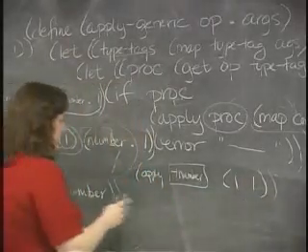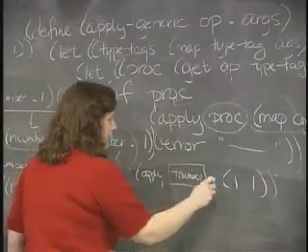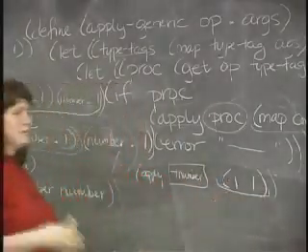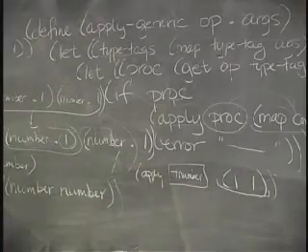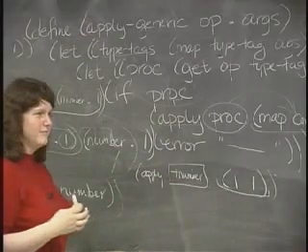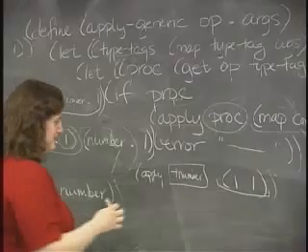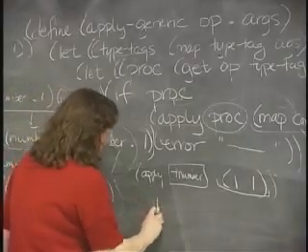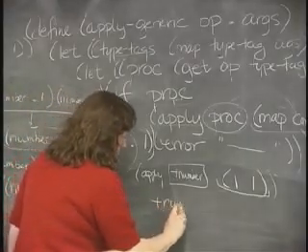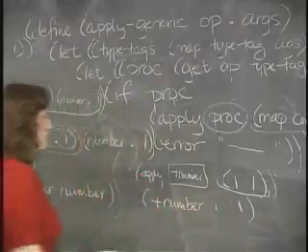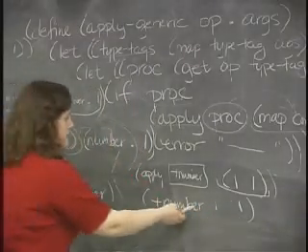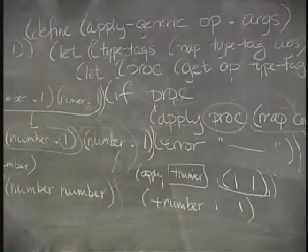Because what apply does is it takes a procedure and a list of arguments, and apply is going to break those out for us. So now we're going to have plus number 1, 1. So you can think of apply sort of transforming this for us into that.